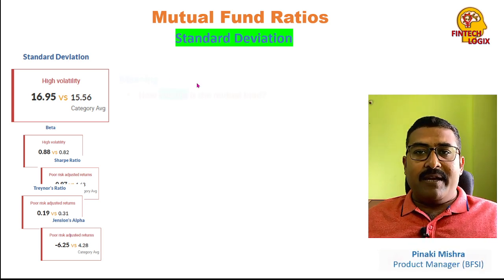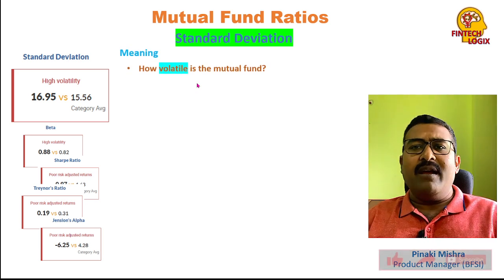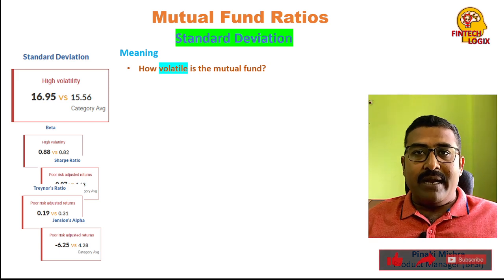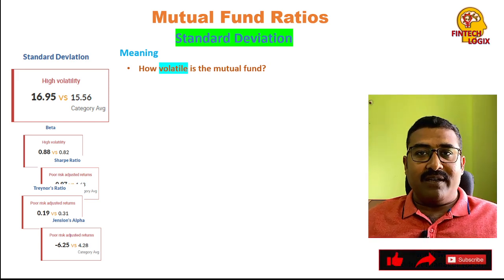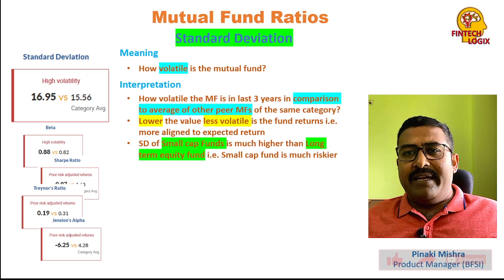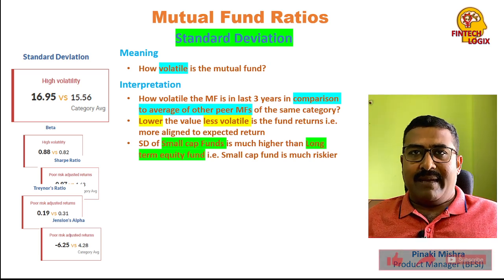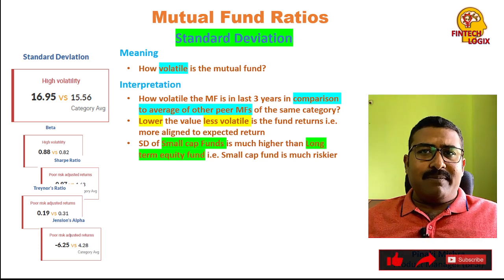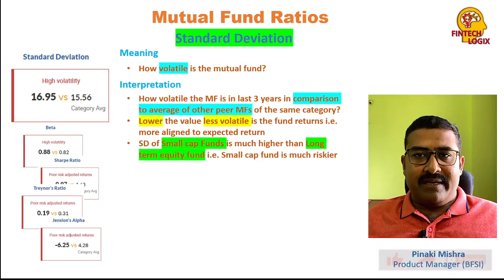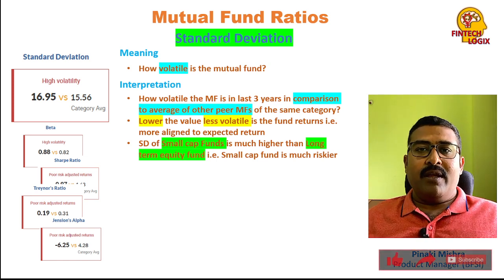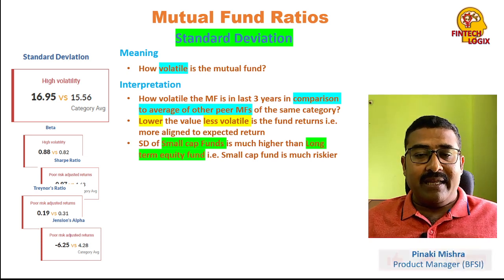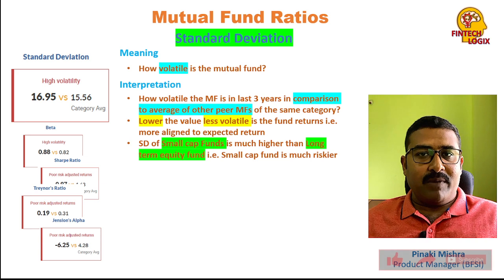Now if we look at the meaning of this, it indicates the volatility of the mutual fund. Let's interpret it with an example. If you are asking how volatile your mutual fund has been in the last 3 years, and you want to compare this with the average of peer mutual funds of the same category, then we normally use the standard deviation.